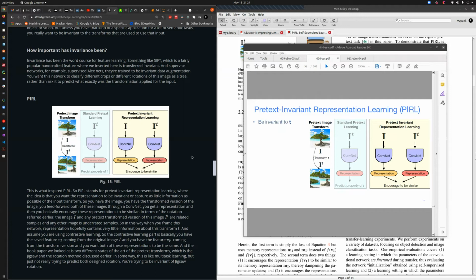Like in, I think there was a task based on self-supervised GAN training, in which they used some handcrafted features for, I think, 2 to 3 percentage points improvement.